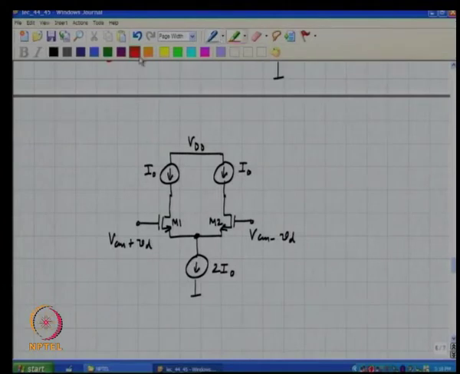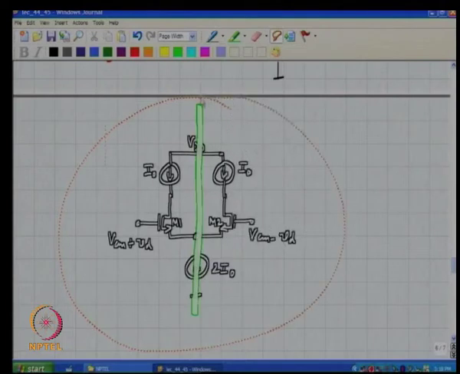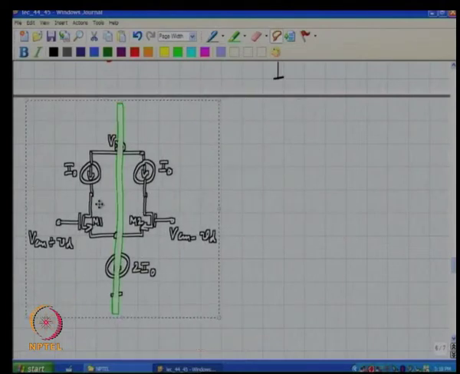Now, the circuit is symmetric around this axis shown in green, therefore, it should be possible to use half circuit analysis to understand the operation of the circuit. So, let us try and see first how this circuit looks for common mode inputs.